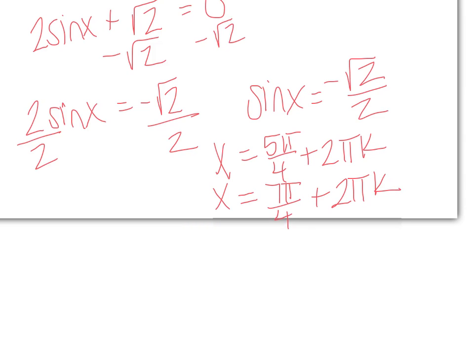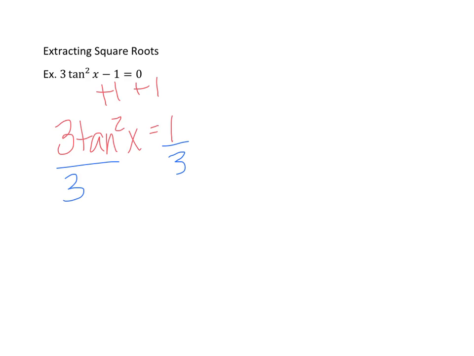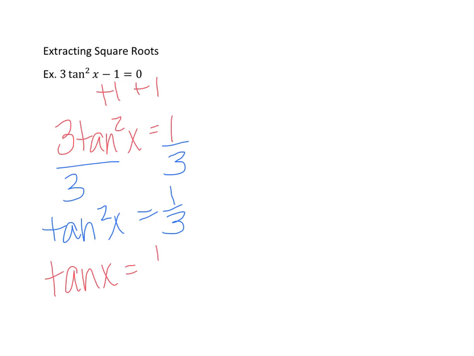Solving an equation that has a square in it, start off the same way. Add 1, 3 tangent squared x equals 1. Divide both sides by 3. So now tangent squared x equals 1/3. How do you get rid of a square? You're going to square root the right side. So tangent x equals plus or minus, when you take the square root, square root of 1/3.